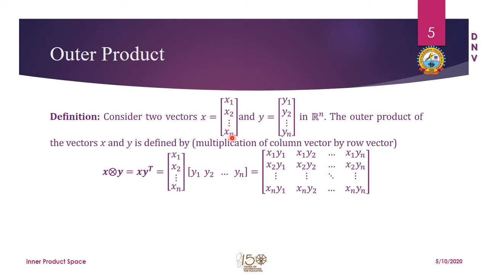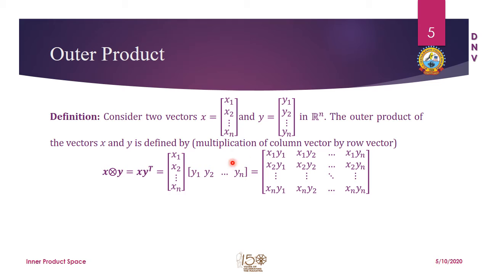But if we consider two vectors of different size, one in Rn and one in Rm, then the resulting matrix will be according to the number of components available in the vectors, and it will depend upon the multiplication also. So if I multiply this column vector by this row vector, then it is x1 multiplied by y1, then x1 multiplied by y2, up to x1 multiplied by yn.